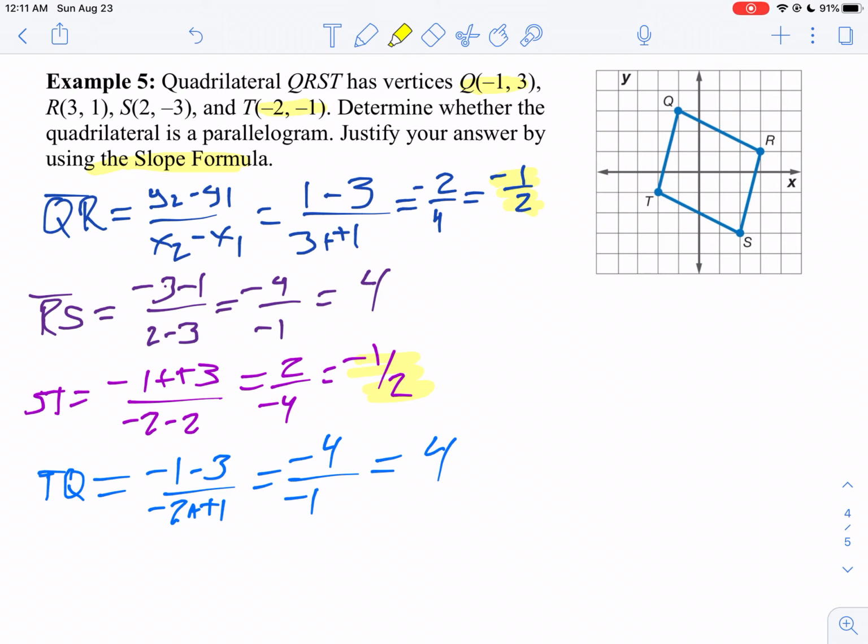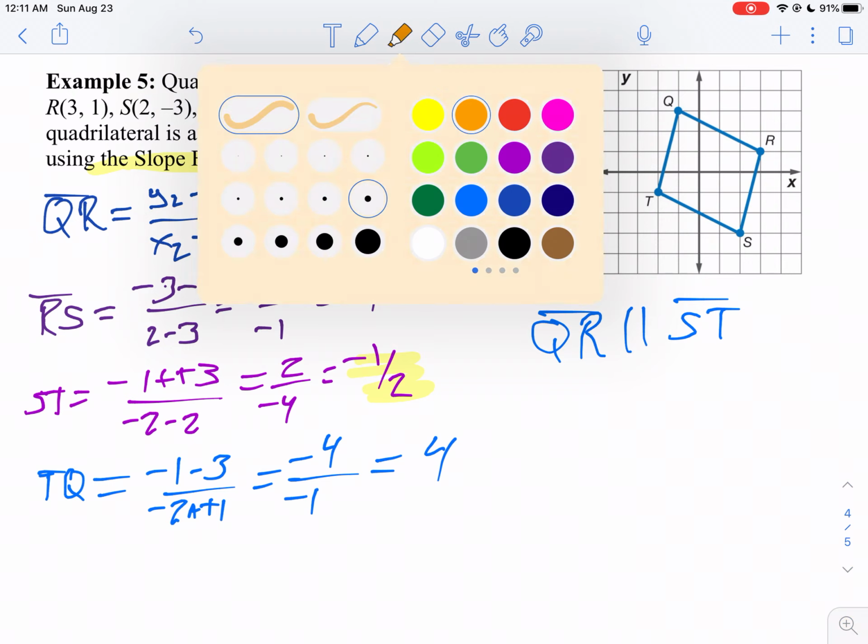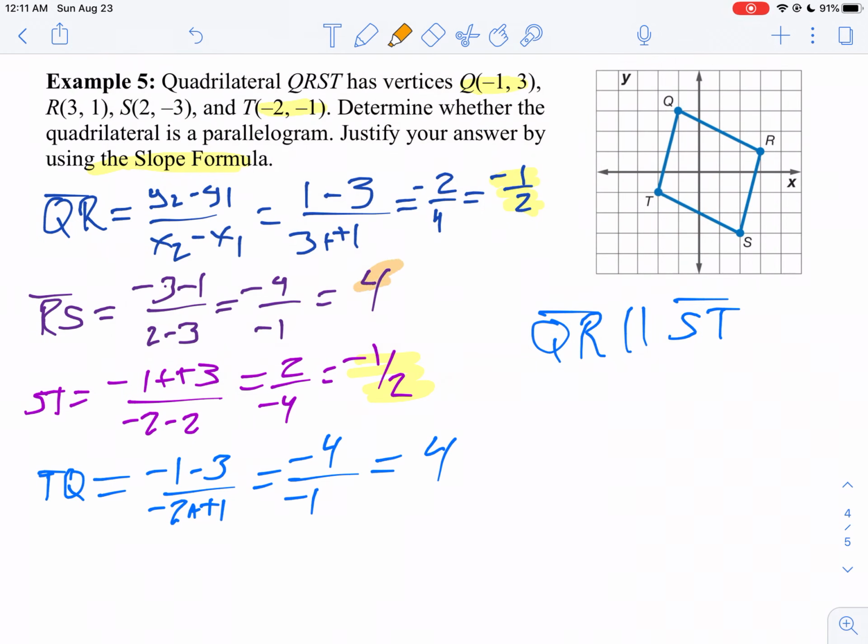So QR is parallel to ST. And also notice that RS and TQ have the same slope, so we know RS is parallel to TQ. We've got a quadrilateral with both pairs of opposite sides parallel. That's what we've proved here.